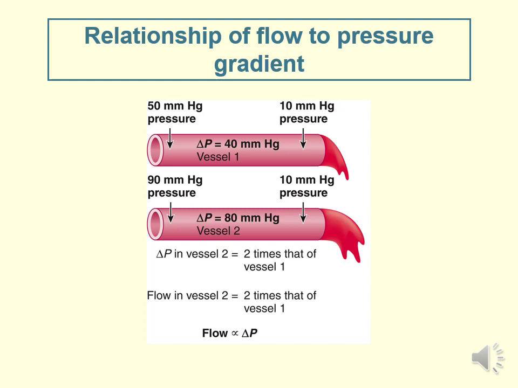Assuming the diameters of these blood vessels are the same, because the pressure gradient in vessel 2 is twice that in vessel 1, the blood flow in vessel 2 is also going to be 2 times that of vessel 1. Remember the equation I showed you a few slides back: flow is directly proportional to the pressure gradient. So the bigger the pressure gradient, the greater the flow you're going to see.